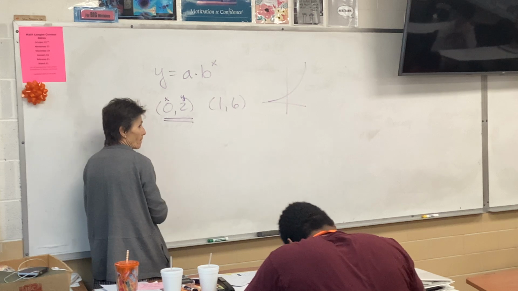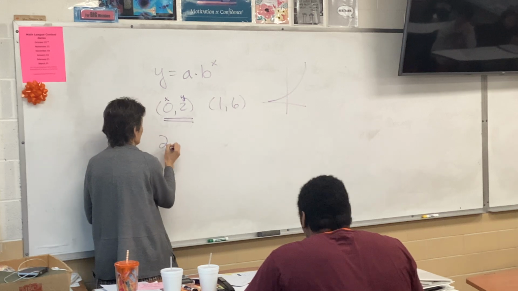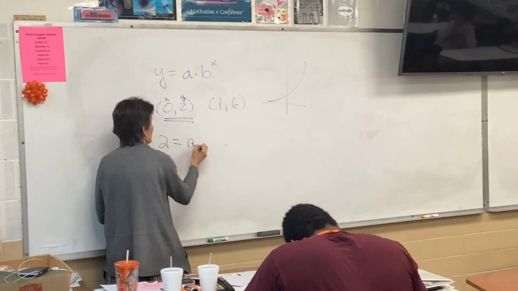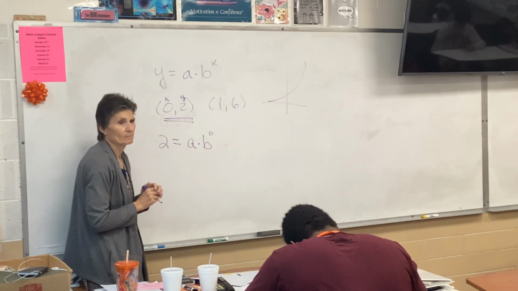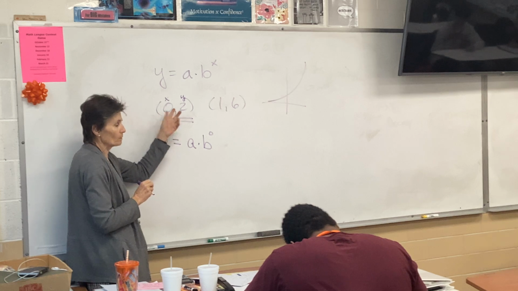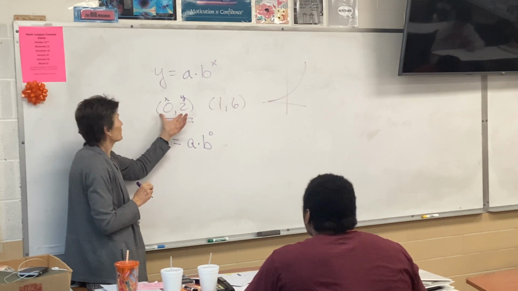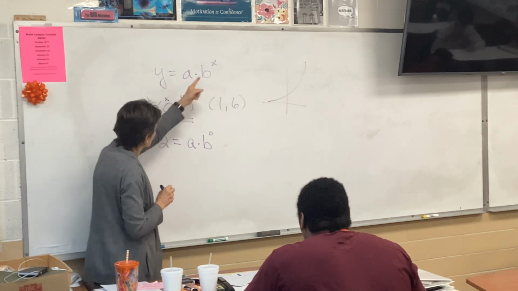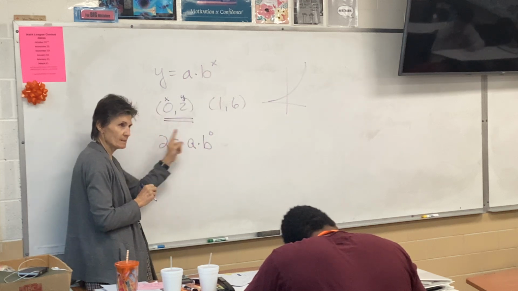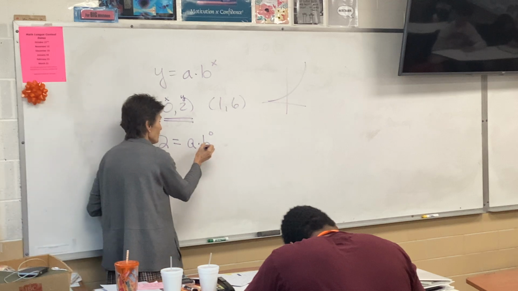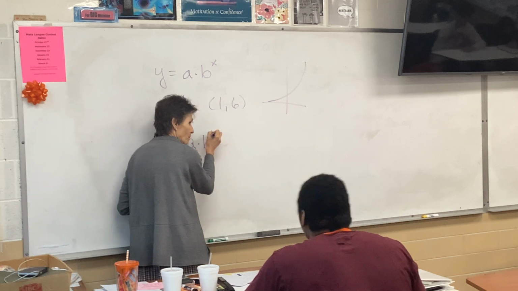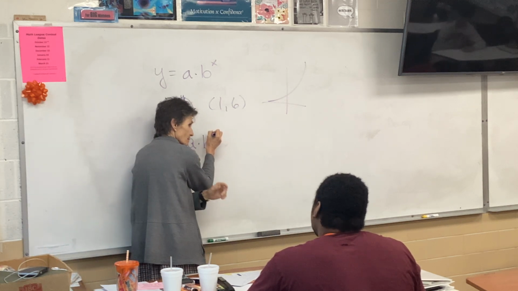Plug it in. So 2 equals a times b to the 0. So take your first point, the one with the 0, put y in for y and x in for x, and it looks like this. Now before you get all freaked out, remember, anything to the 0 power is 1.